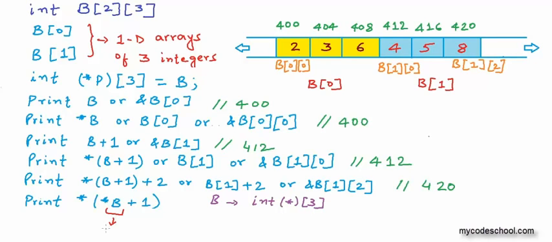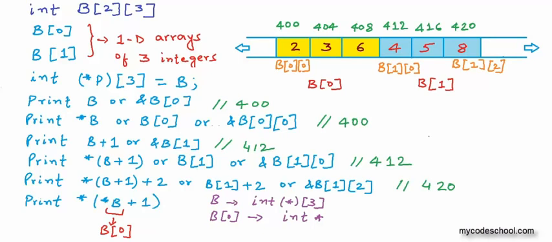So *b, as we know, will give us b0. *b is the same as b0. Now b0 in my expression, because b0 is the name of a one-dimensional array, returns a pointer to the first integer in the array. So b0 returns a pointer to an integer. We will get a pointer to this integer at address 400. Now what will happen if you add 1 to an integer pointer?